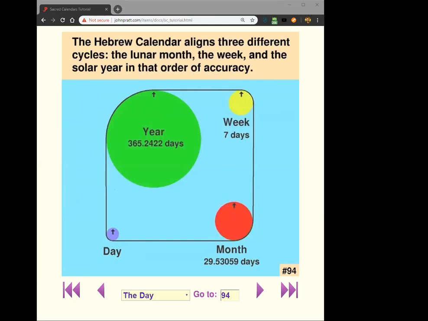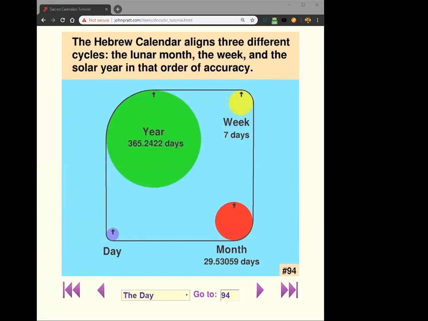The Hebrew calendar not only keeps track of the solar year, in other words, spring to spring seasons, but it also keeps track of the week. The way it does that is the year can only begin on the odd numbered days: Sunday, day number one, or Tuesday, day three, or Thursday, day five, or Saturday, day seven.